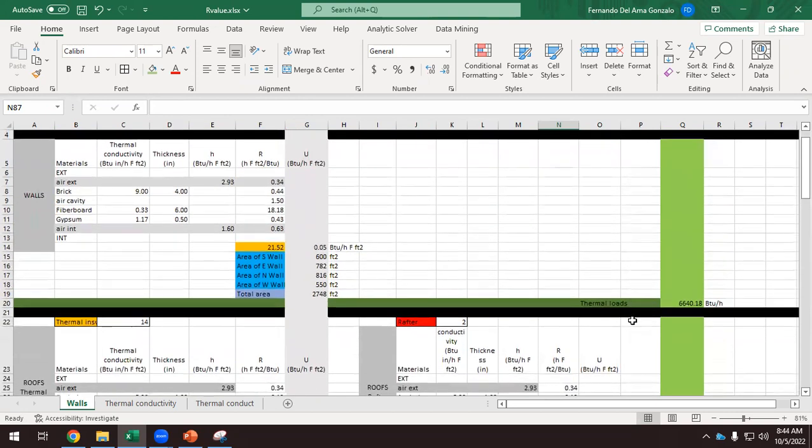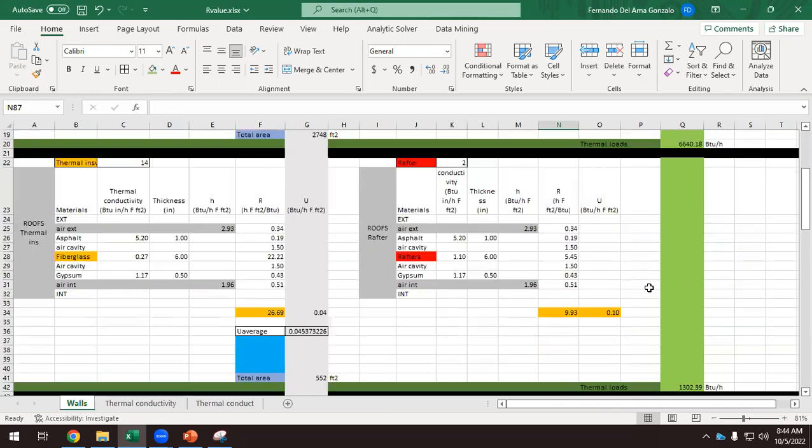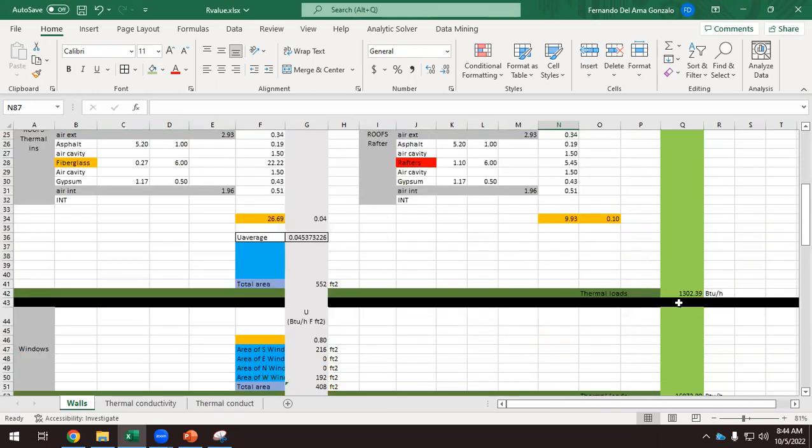What are the thermal loads through the wall? Walls is around 6,000, and it's always BTU per hour. Through the roof, it was around 1,300 BTU per hour. And then we have windows.